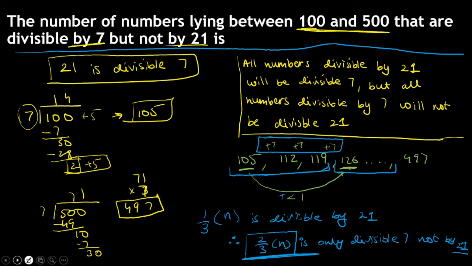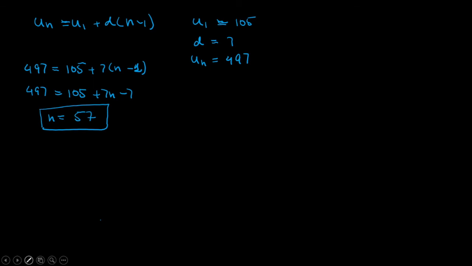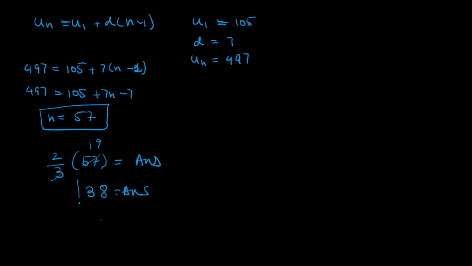So all we have to do is find the number of terms which are divisible by 7 and not by 21. All we do is two-thirds of 57. 57 divided by 3 is 19, so 38 is our answer, right?